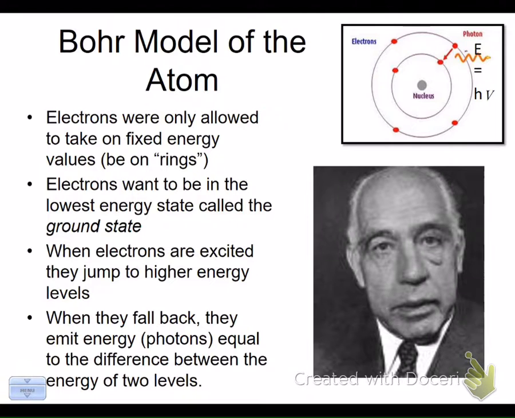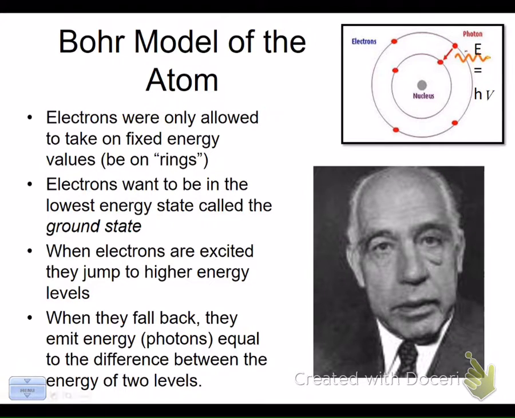Rutherford said that the electrons were just out there, outside the nucleus, sort of orbiting randomly like planets orbit in a solar system. But Bohr said that's not exactly right. Through his thinking and hypotheses, he deduced that the electrons are actually on fixed rings. They can't just be anywhere.